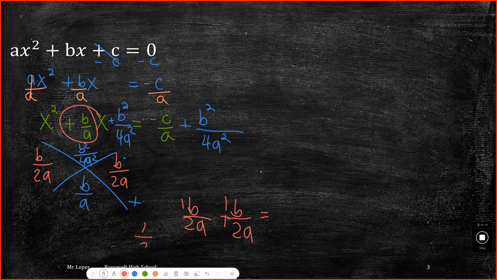Oh, that's 1. So it's 1b over a, which is b over a? Oh, we did get it right. Oh my God.